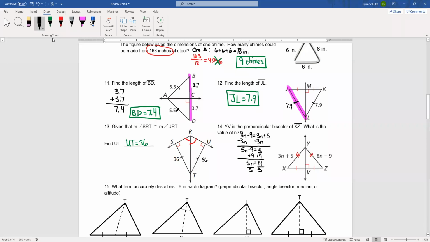Divide by 5. And you get, since this is a nice decimal, I'll write it both ways. You can say 14 over 5, or you could say 2.8. Either way is acceptable.